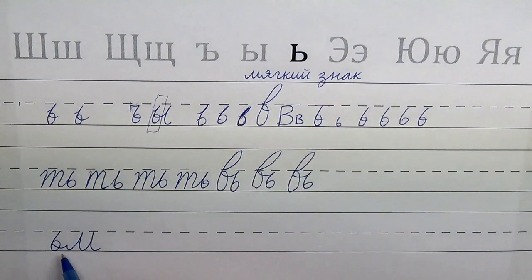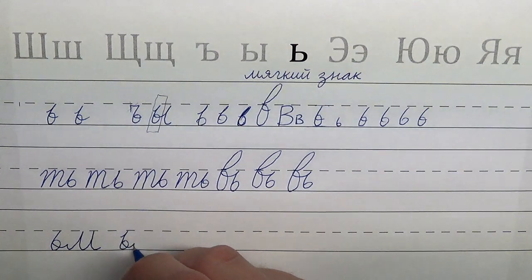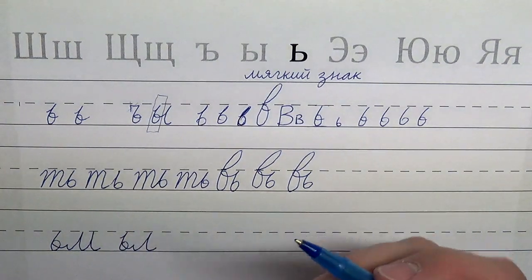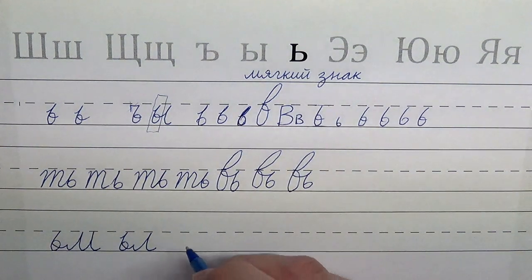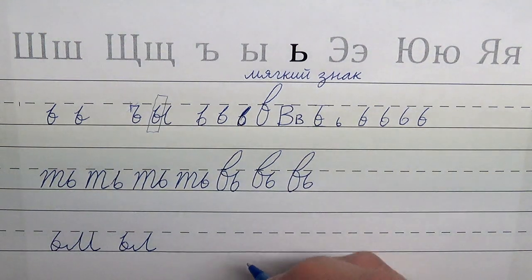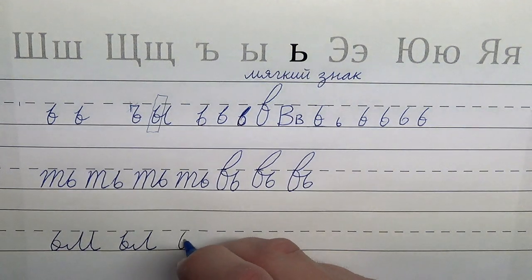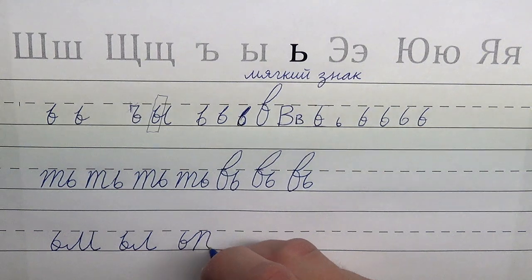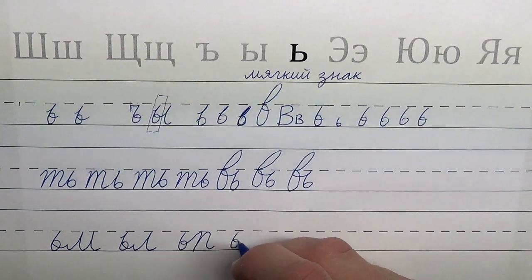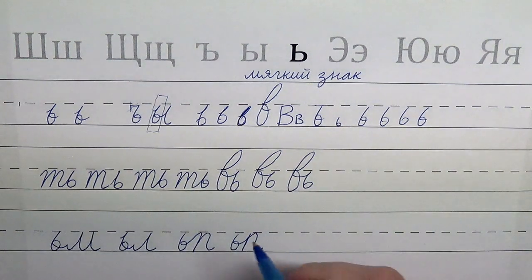So for instance, into an M, or a мягкий знак going into an L. So this is a low in connect. A мягкий знак coming into a high in connect. Maybe something like мягкий знак and then up into a P, or alternatively a P written like that.